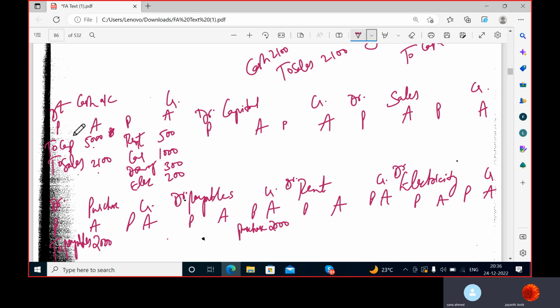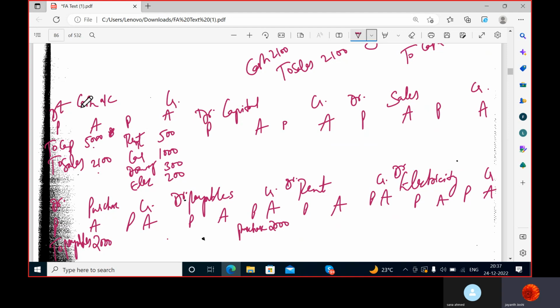Fatima, debit is what actually? Debit in an asset account is an increase in asset. So when I write these two in the debit, what are they doing to this asset? They are decreasing the asset. Sorry, increasing the asset. No, Fatima, you have to be very firm and clear.